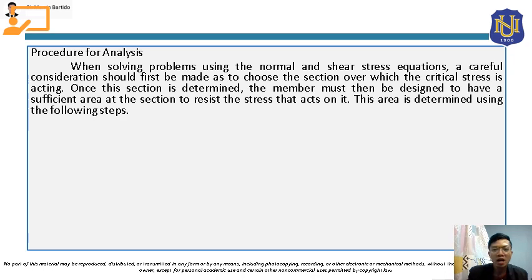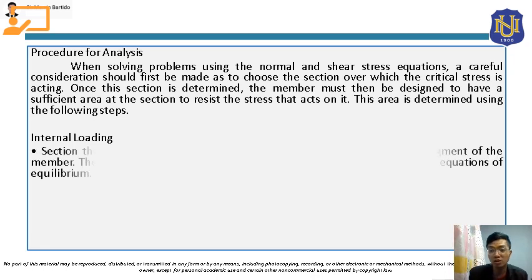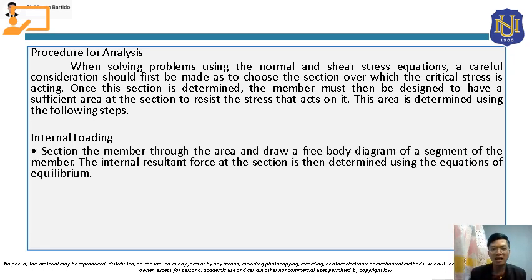Now, for our steps here, we are going to solve first for the internal loading, let's say a shear force or a normal force. We have to solve first for those forces. So we have to section the member through the area and draw a free body diagram of a segment of the member. The internal resultant force at the section is then determined using the equations of equilibrium.